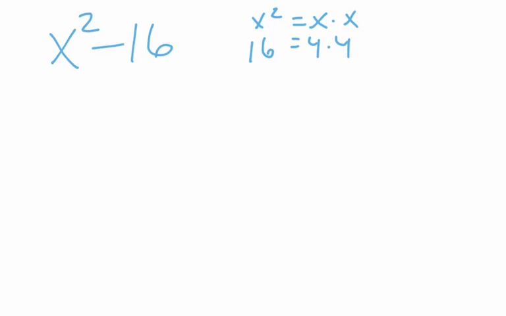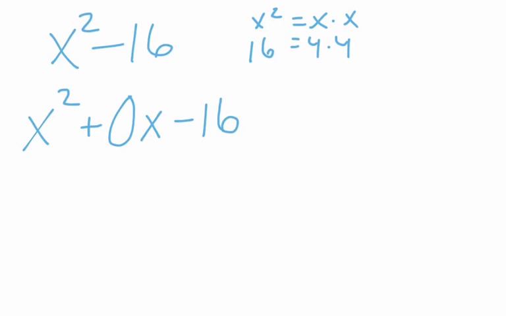Now, normally we don't add more stuff into a problem, but I'm going to add something in. I'm going to take the x squared and put in 0x and then minus 16, and let you look at it for a second, because I don't really want you writing this down.